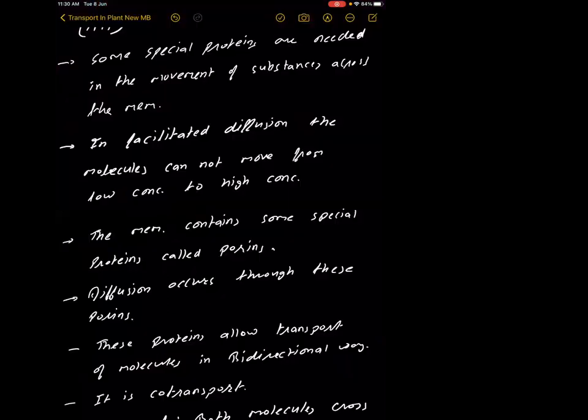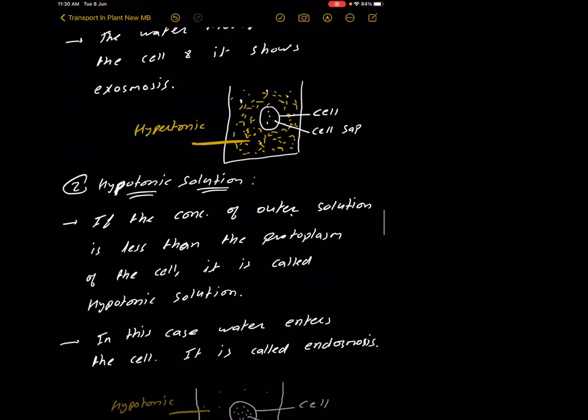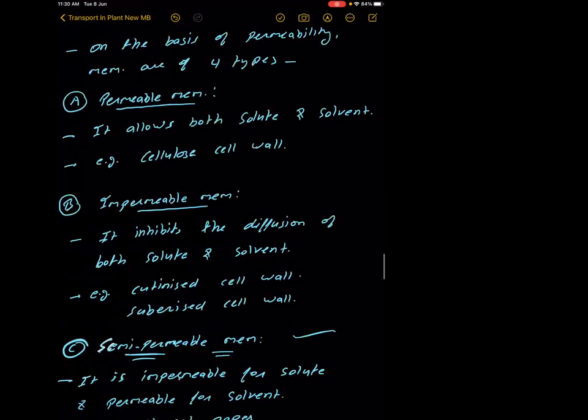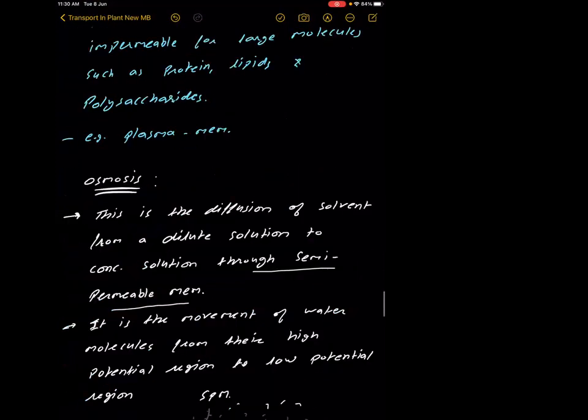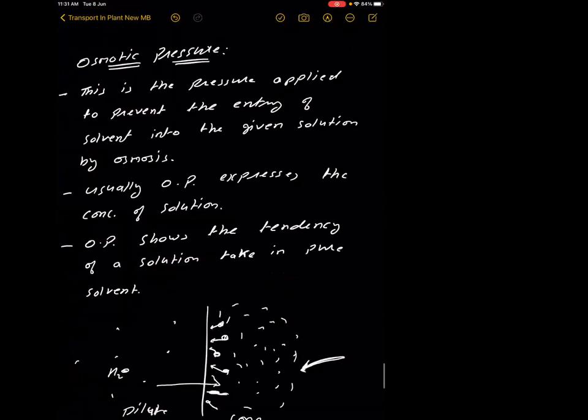Okay. So osmotic pressure. This is osmotic pressure. Osmotic pressure means this is the pressure applied by the solution, or you can say solute, on the wall.